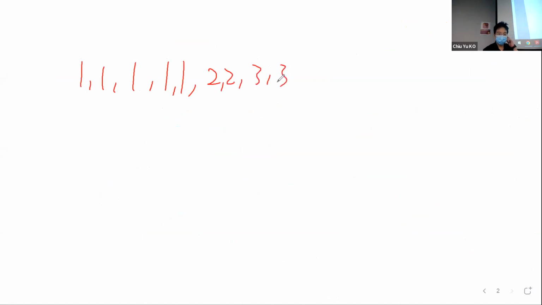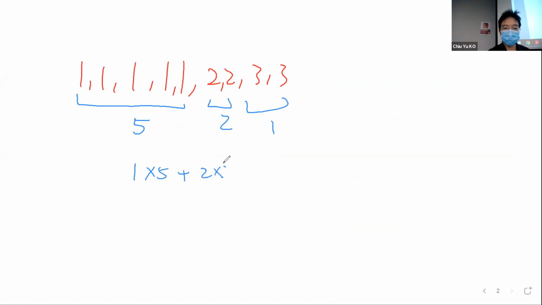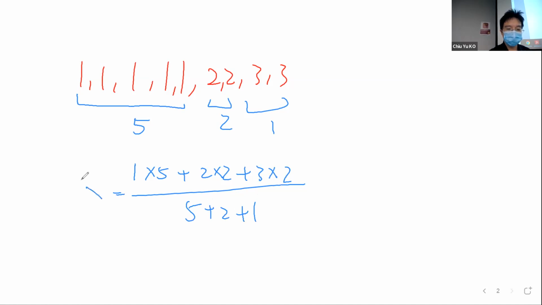If this is the data, you would probably want to give more weight to 1, because 1 appears a lot, right? And the simple average gives weight according to appearance. It appears 5 times, 2 appears 2 times, 3 appears 1 time. So it's 1 times 5 plus 2 times 2 plus 3 times 1, over 5 plus 2 plus 1. This is the simple average.